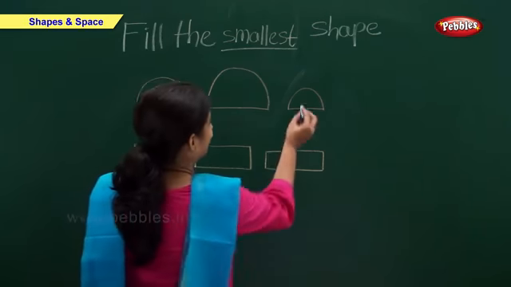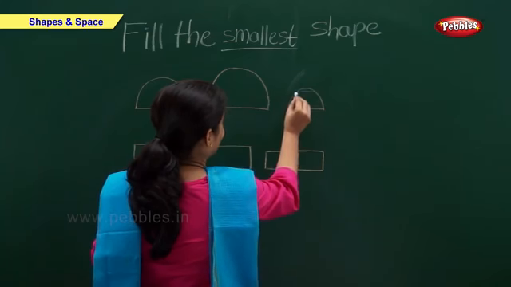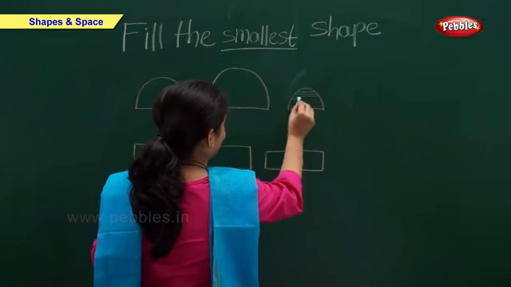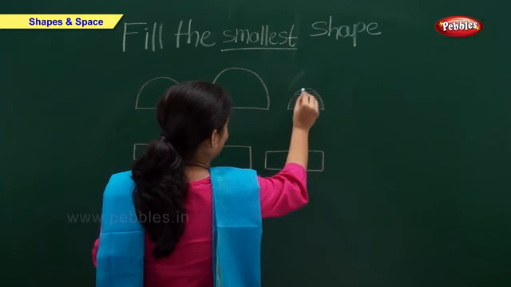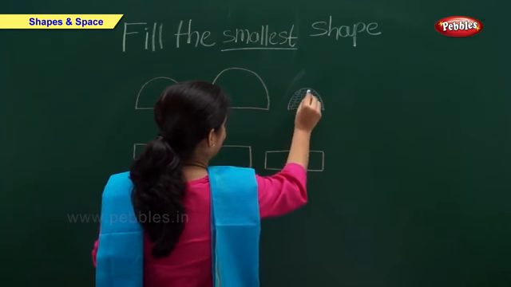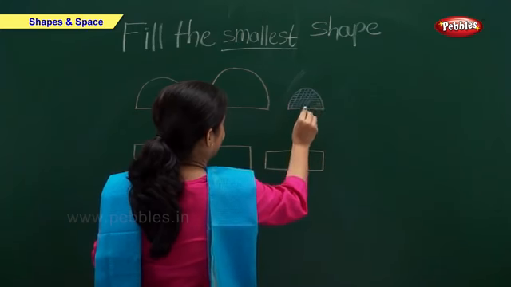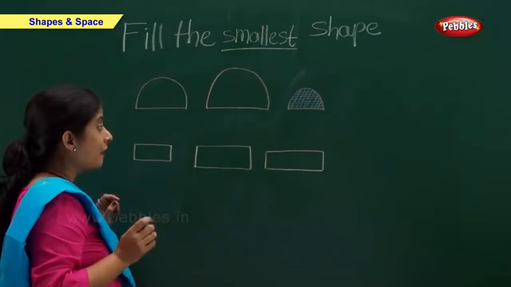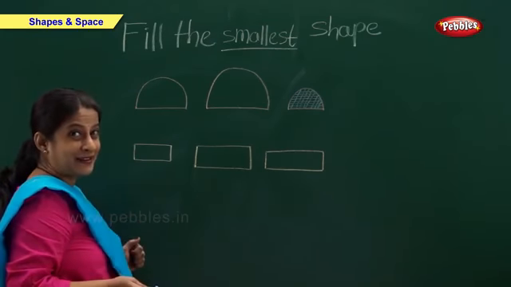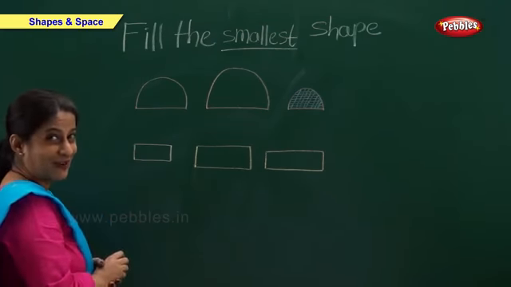So let's fill it. And now we have rectangles. So which is the smallest? Come on, tell me fast. Right, the first one is the smallest. So let's fill.